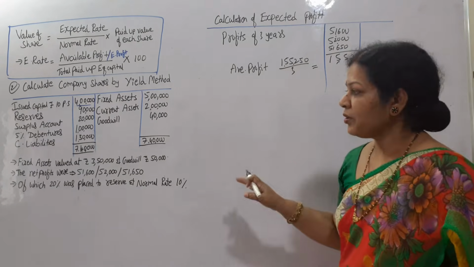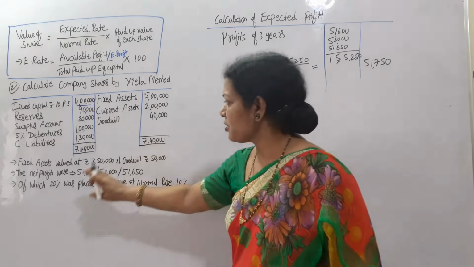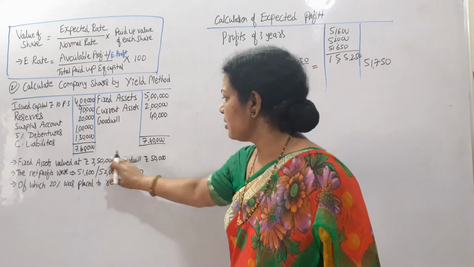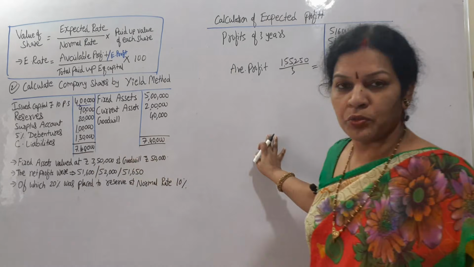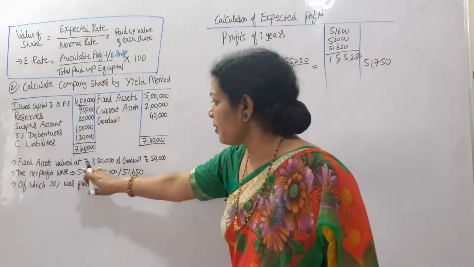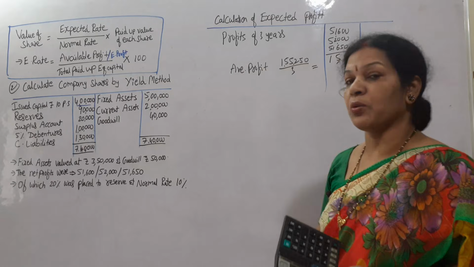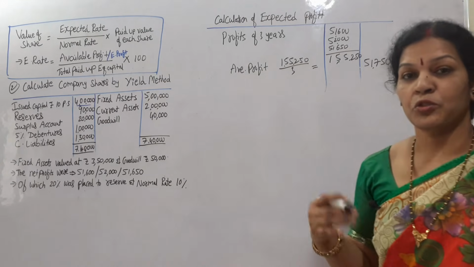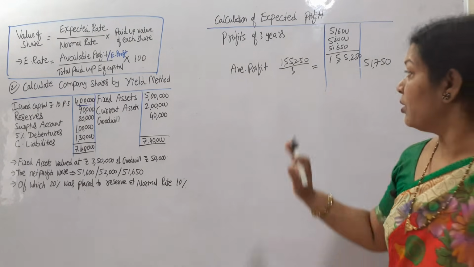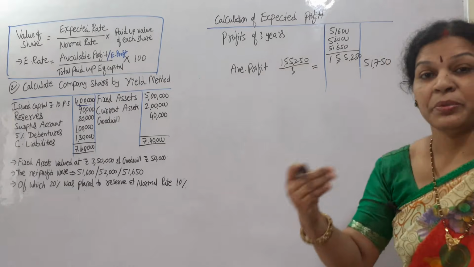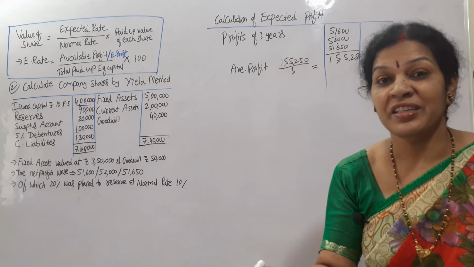Now to that, we find any adjustments. Value of assets and goodwill have nothing to do with this. And of the net profit, 20% was placed to reserve, which means out of this profit 20% is transferred to the reserve.